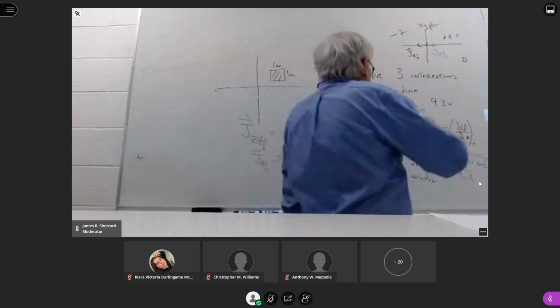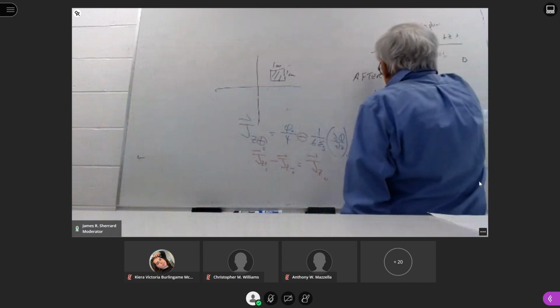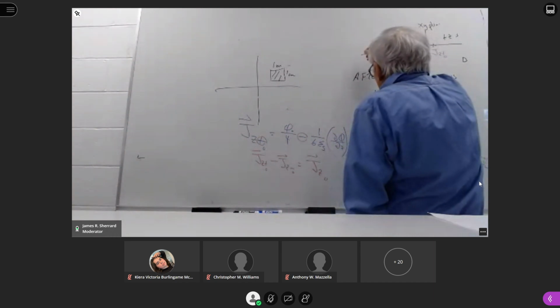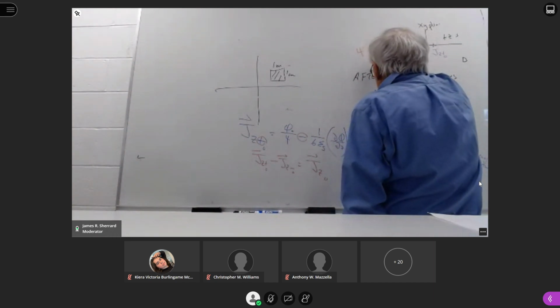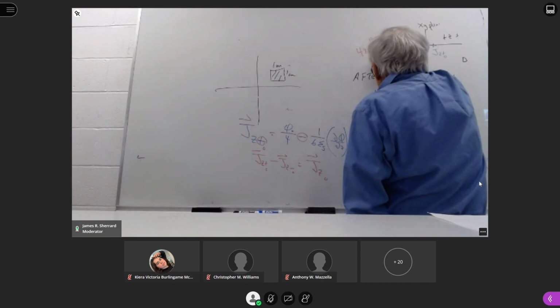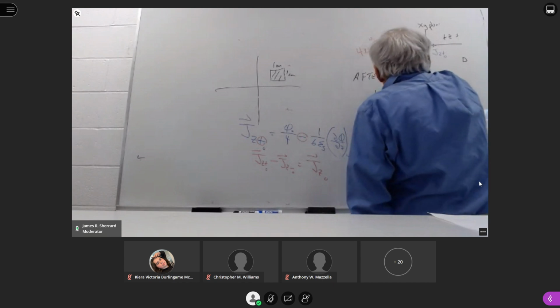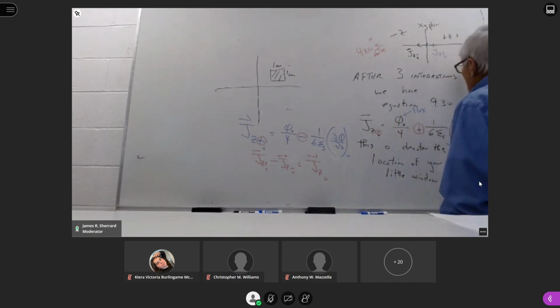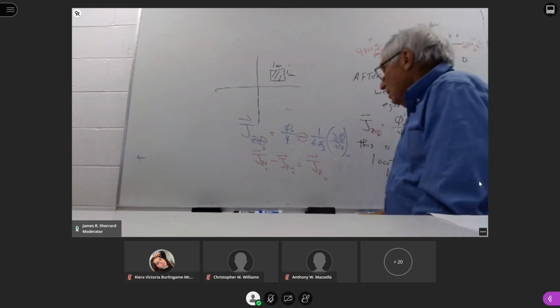So if we did this, and let's say this direction was 4 times 10 to the 10th neutrons per square centimeter per second. This guy, when you did all the math, turned out to be 6 times 10 to the 10th neutrons per square centimeter per second.